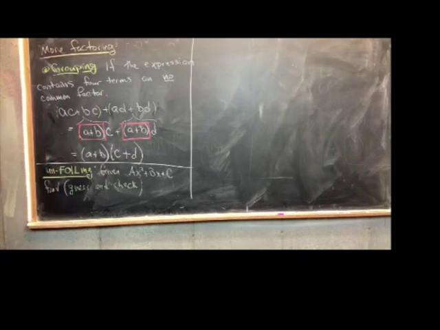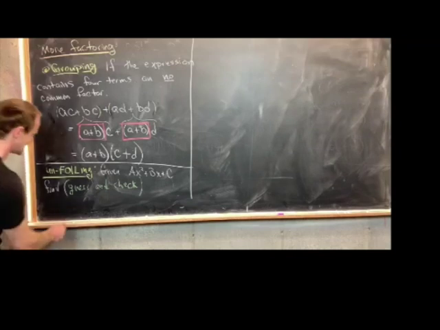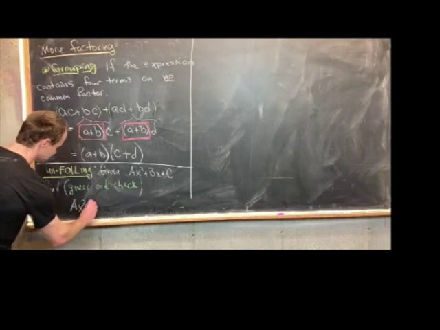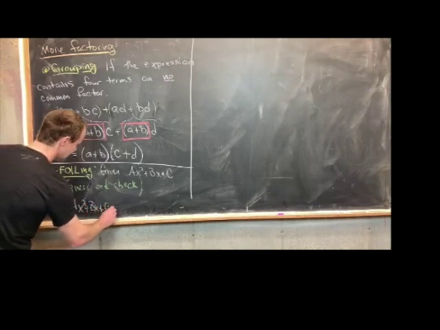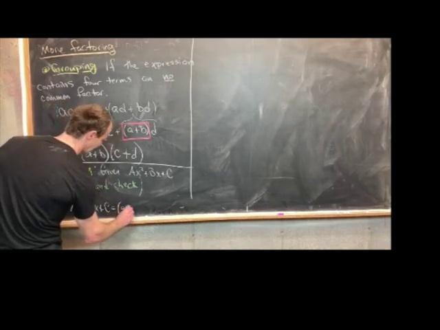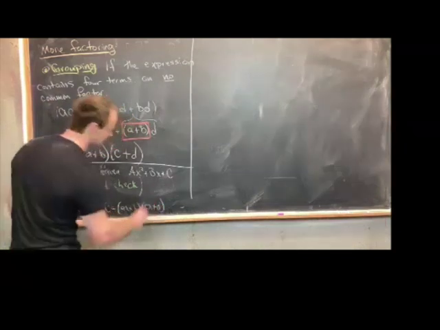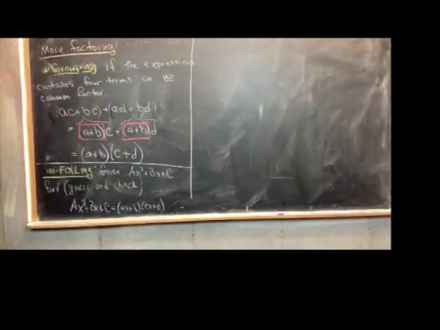I think guessing and checking is really a lot better here, and we'll go over a bunch of examples so it won't seem so daunting. You guess and check until you have the following factorization: Ax squared plus Bx plus C is going to factor like little ax plus b times little cx plus d. So it's like doing the foiling in reverse.